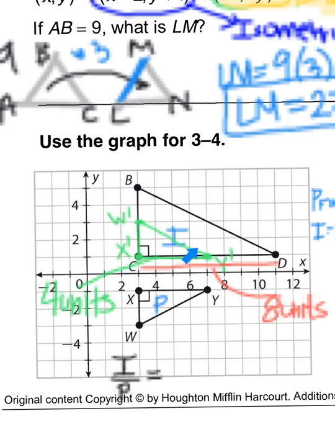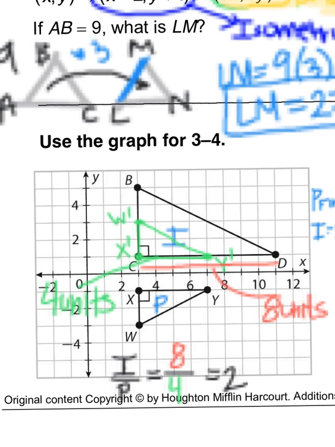My pre-image is my green triangle, because I haven't done the dilation yet. So this is my beginning part. Once I'm done with my dilation, it will turn into the large triangle. So the image is 8 units and the pre-image is 4 units. Once I divide, I find out that my scale factor is 2.